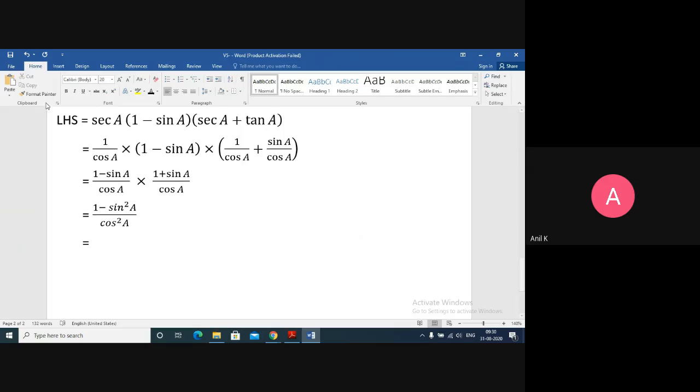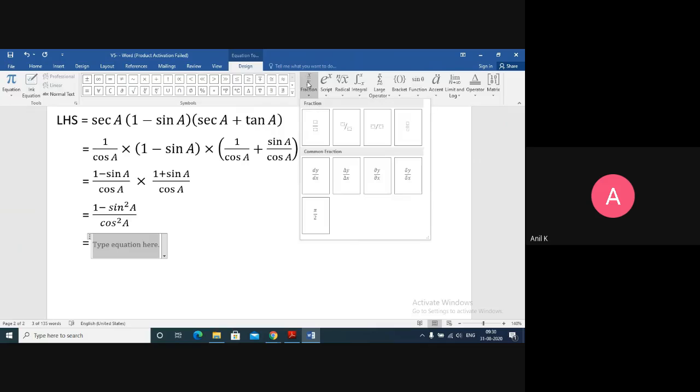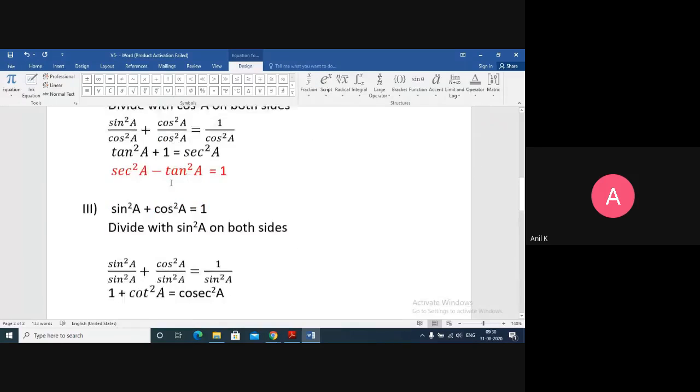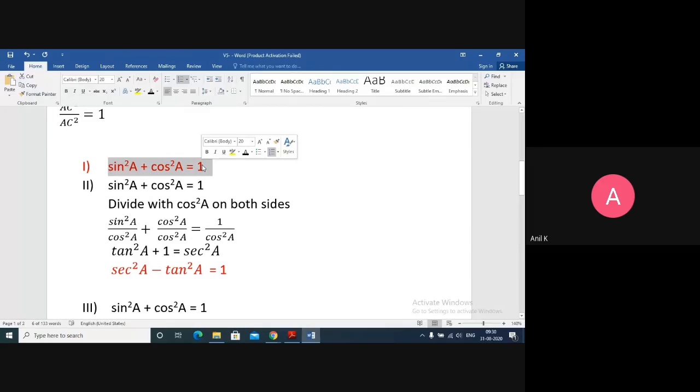So just now we discussed, can you tell me what is 1 minus sin square A? We have sin square A plus cos square A equals to 1. This is our first identity, sin square plus cos square equals to 1.